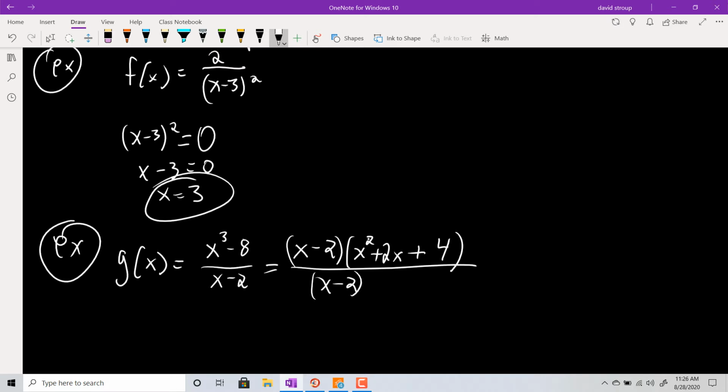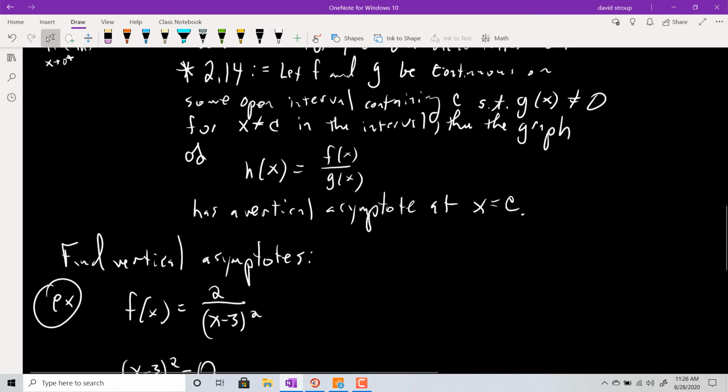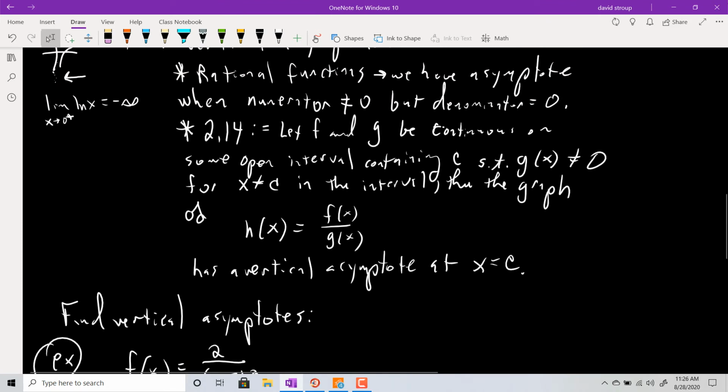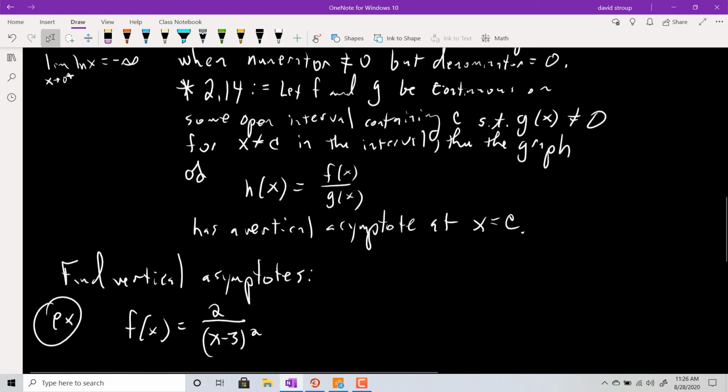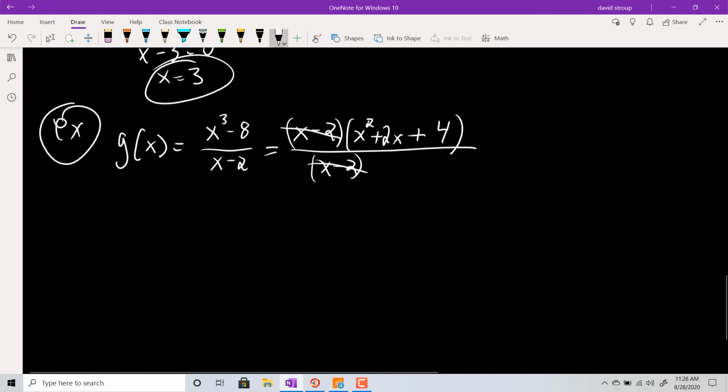If you plug 2 into this equation, you would get 0 in the numerator and the denominator, and that's not covered in our definition, right? We need the numerator not equal to 0 but the denominator equal to 0. So in this case, there's no asymptote. There'll just be a hole in the graph.